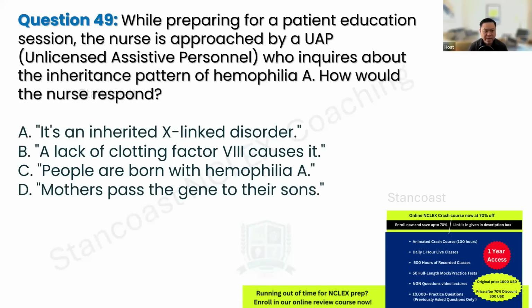While preparing for a patient education session, the nurse is approached by a UAP who inquires about the inheritance pattern of hemophilia A. How would the nurse respond? A, it's an inherited X-linked disorder. B, a lack of clotting factor 8 causes it.